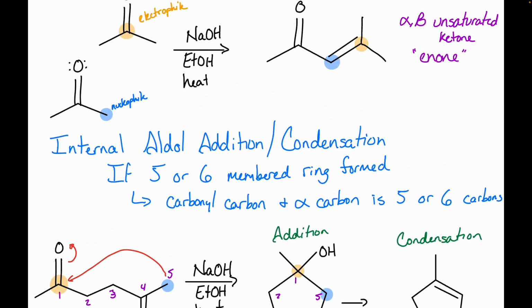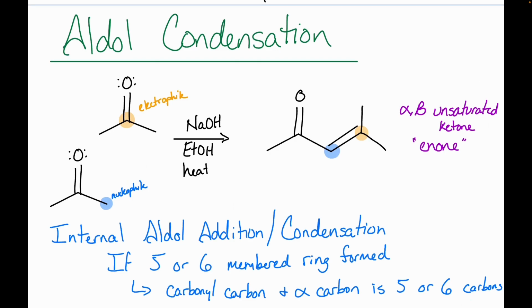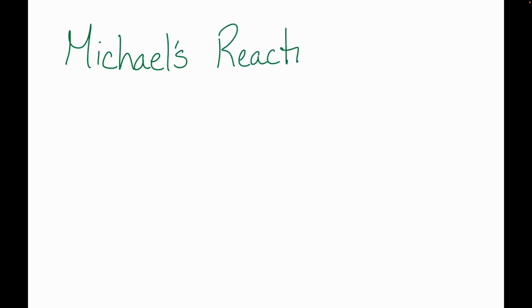All right, so again, we're going to spend a lot of time today talking about these alpha-beta unsaturated ketones and aldehydes, or enones, and a class of reaction that everybody calls Michael reactions. All right, so with Michael reactions, we've covered one already, so let's remind ourselves.